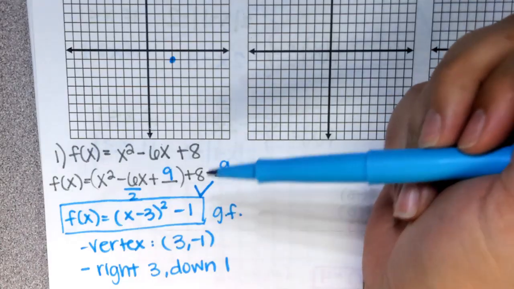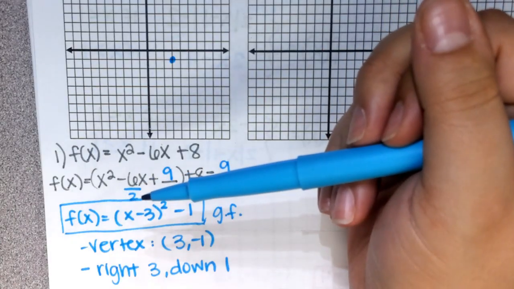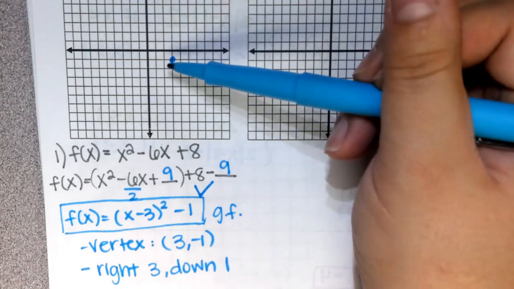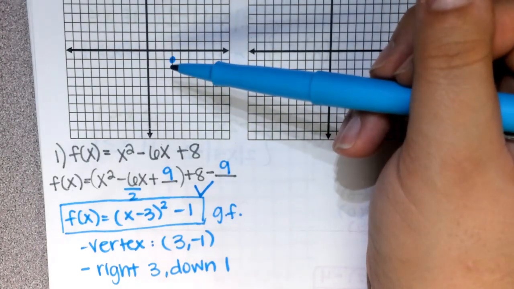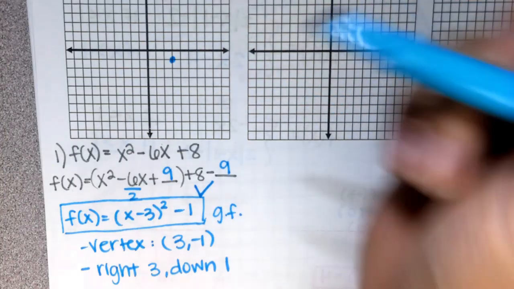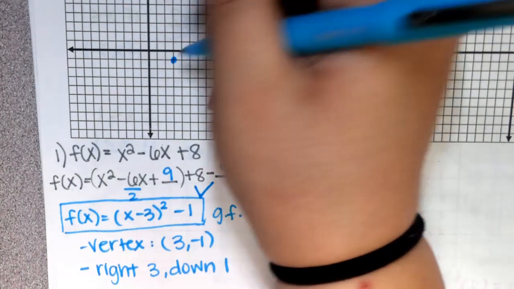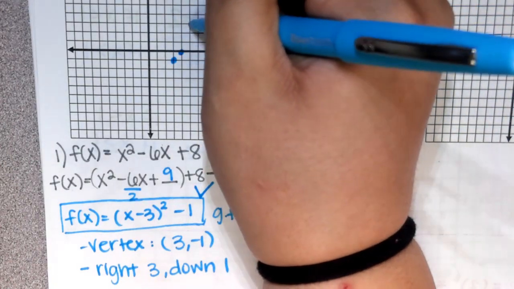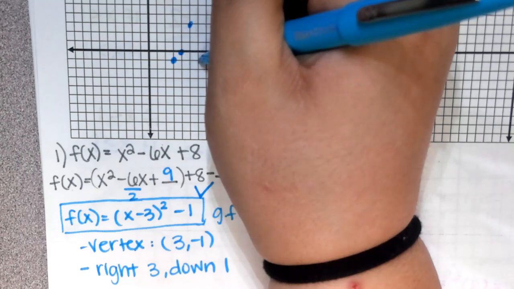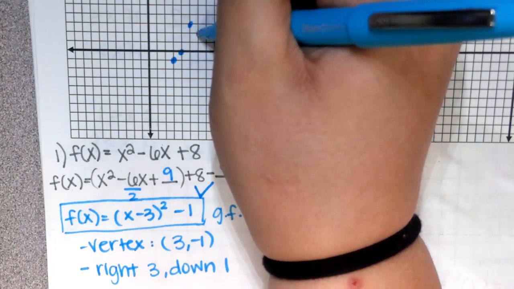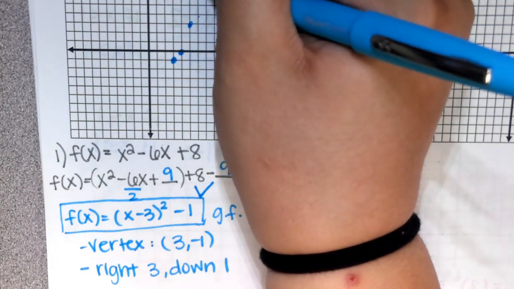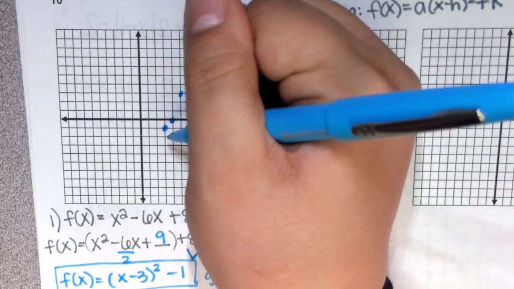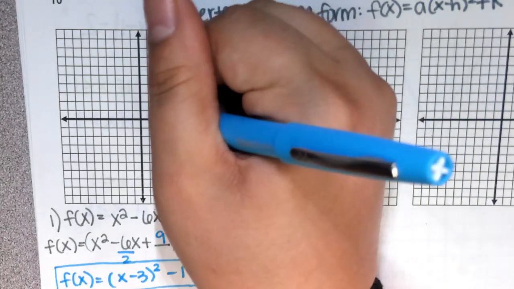Positive. Now, does this have an a value? No. So we're just going to do this parabola like normal. If this is my new origin, or this is the vertex, what do I do next? 1 squared is 1, so I'm going to go right 1, up 1. 2 squared is 4, right 2, up 4. 3 squared is 9, right 3, up 9. And do you agree a parabola is symmetrical?